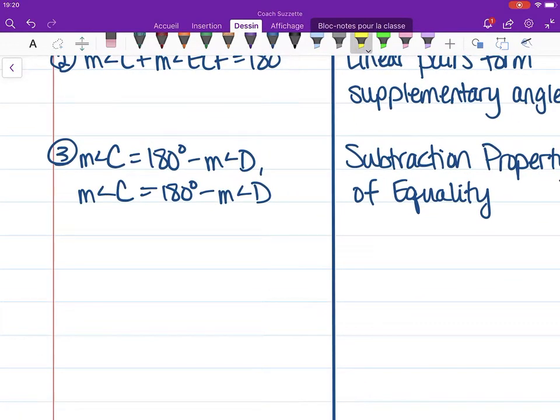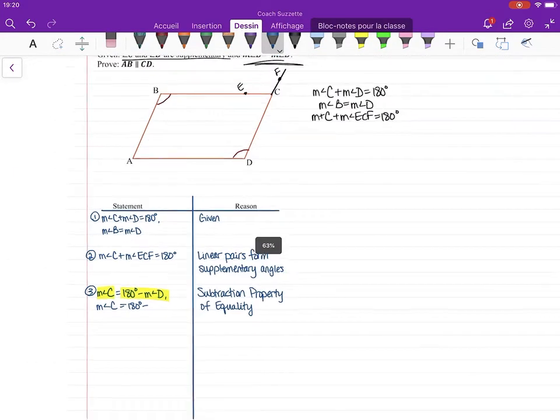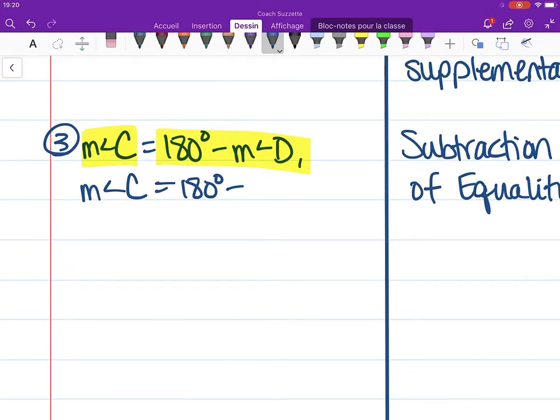Well, if we know that this is equal to something, and this is equal to that same something, then it must be that these are equal to each other. Actually, they are, because I miswrote them. This is supposed to be ECF. Measure of angle ECF.